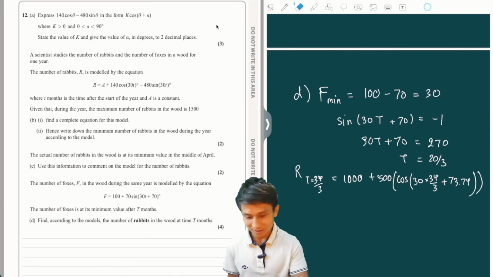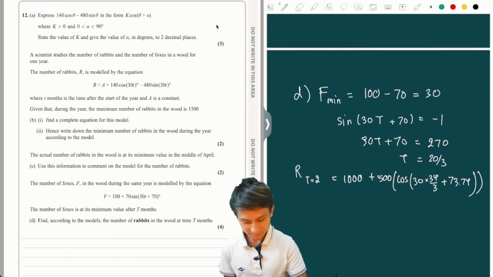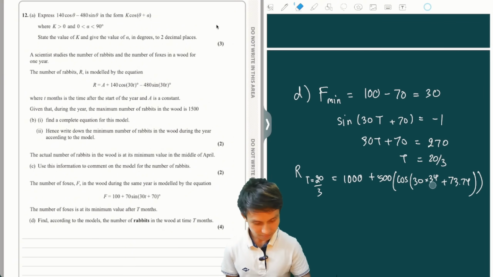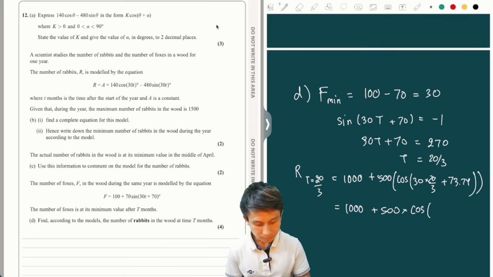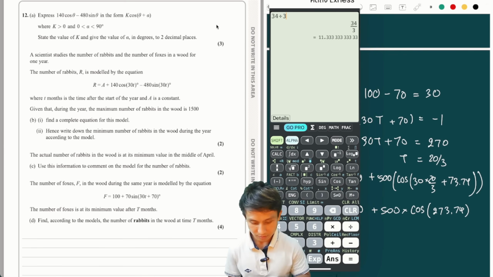Okay, so I'm going to have to substitute the right value here. There you go. So this is 1,000 plus 500 times cos of what angle there? It's 273.74. I think I'm okay with that. 1,000 plus 500 times cos of 273.74, right?